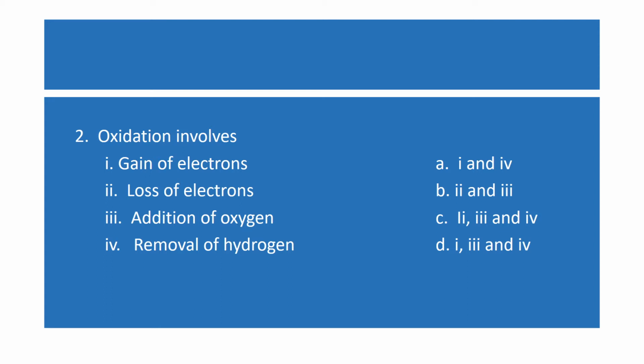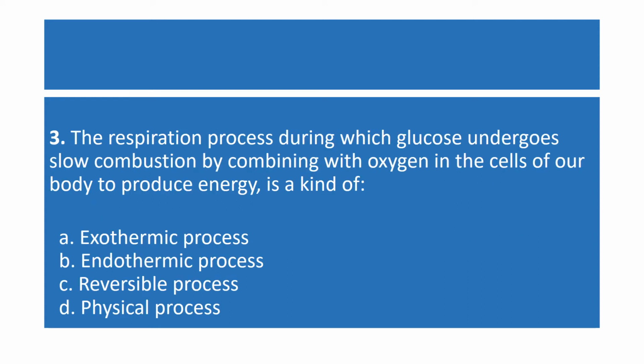Next is: the respiration process during which glucose undergoes slow combustion by combining with oxygen in the cells of the body to produce energy is a kind of. Always remember, when you are reading the question, sometimes you get the answer from the question itself, right?